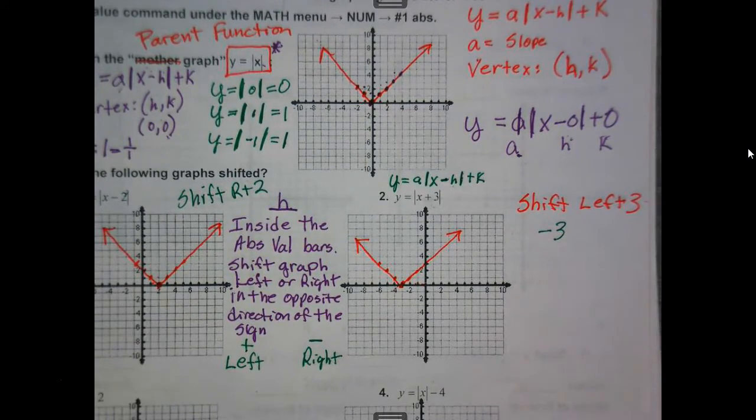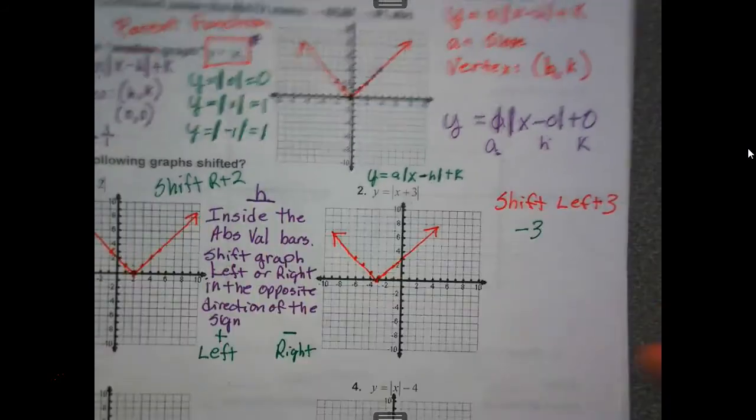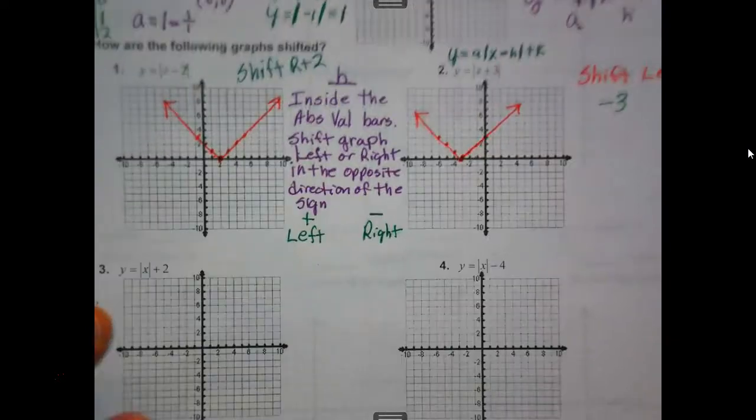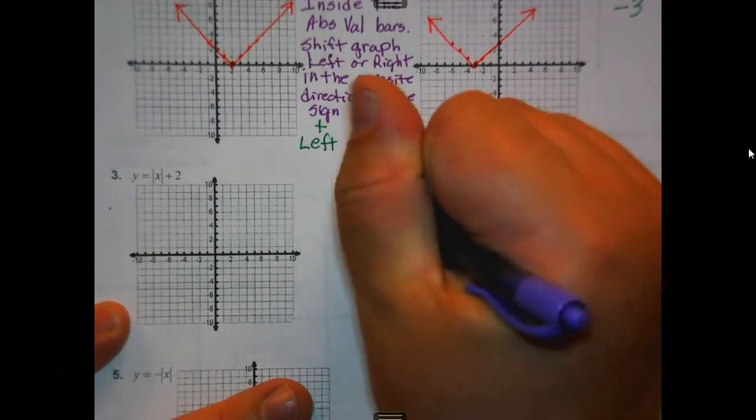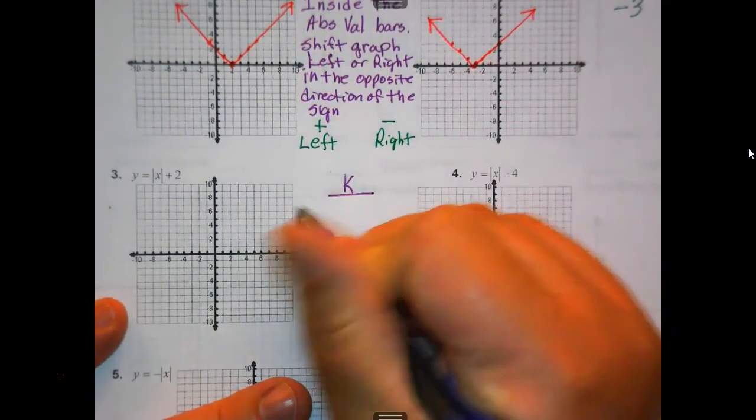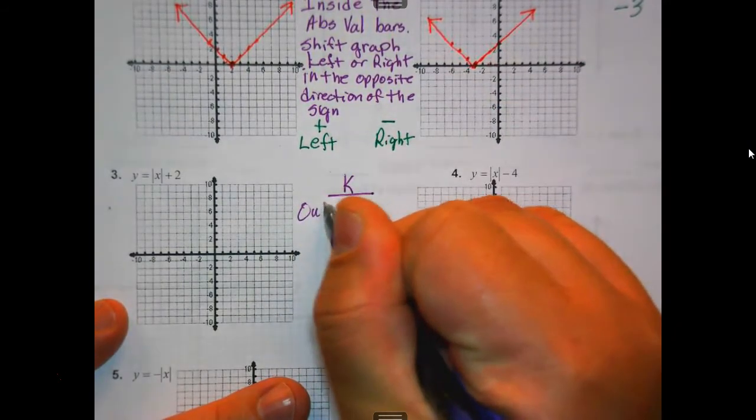Number 4 is completely different because we're not dealing with h anymore. We're dealing with k. Okay? K. Well, let's look at that. Okay, k is outside the absolute value bars, right?